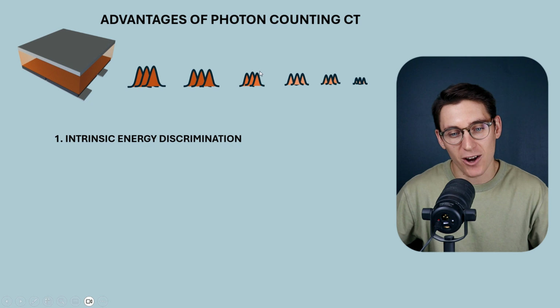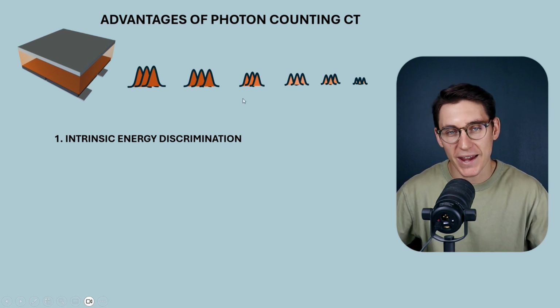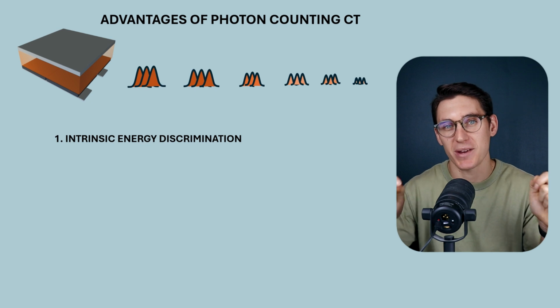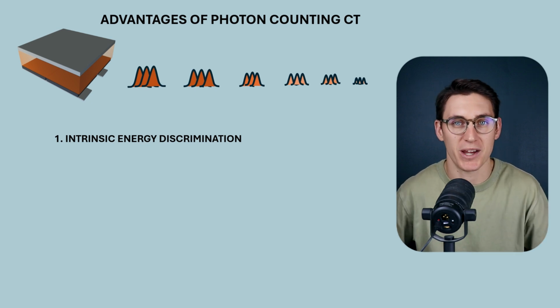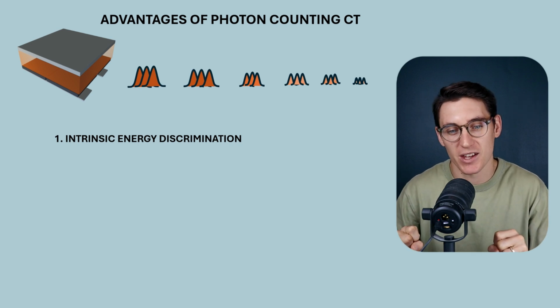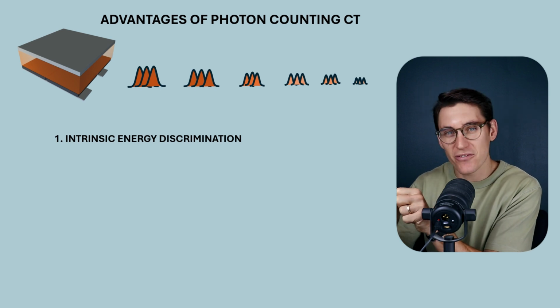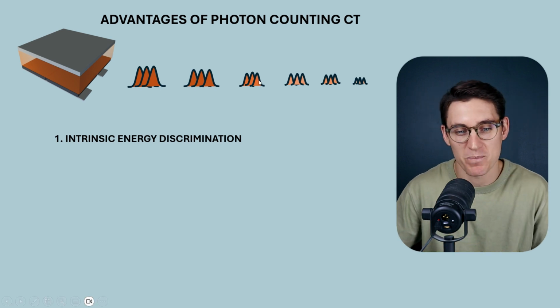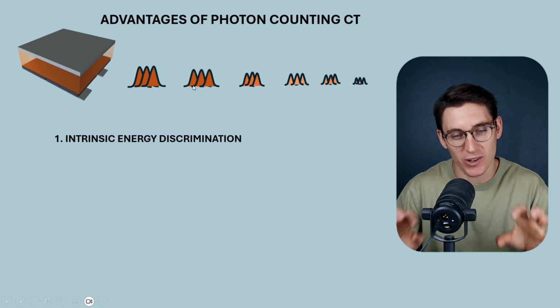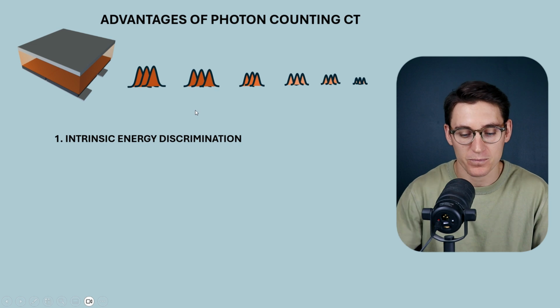Let's see how different the image looks, how different the Hounsfield values are if we use X-rays only in this X-ray energy bin. And based on those changes in Hounsfield units, we can make assumptions about the tissues within the patient, and we can much better separate out individual tissues. Perhaps we're going to get to a stage where we can really easily separate out tissues with very subtle Hounsfield unit differences based on our ability to have intrinsic energy discrimination in photon counting CT.